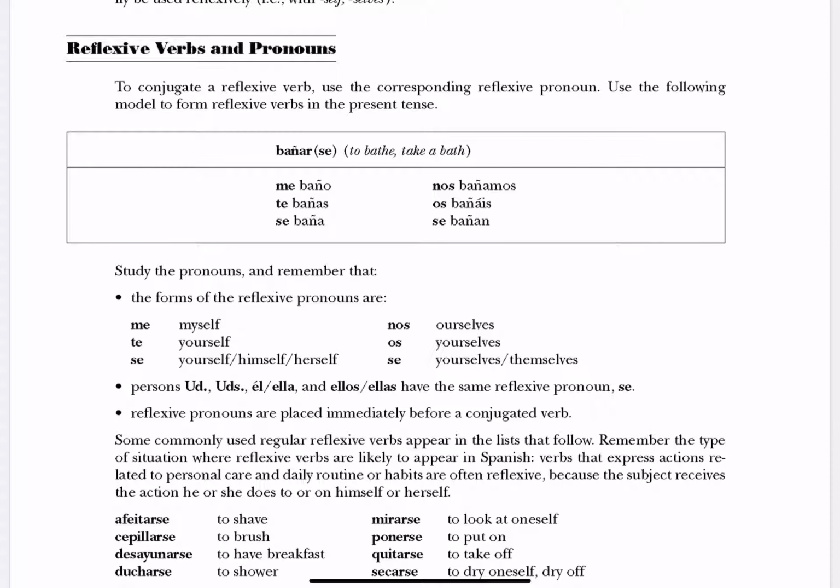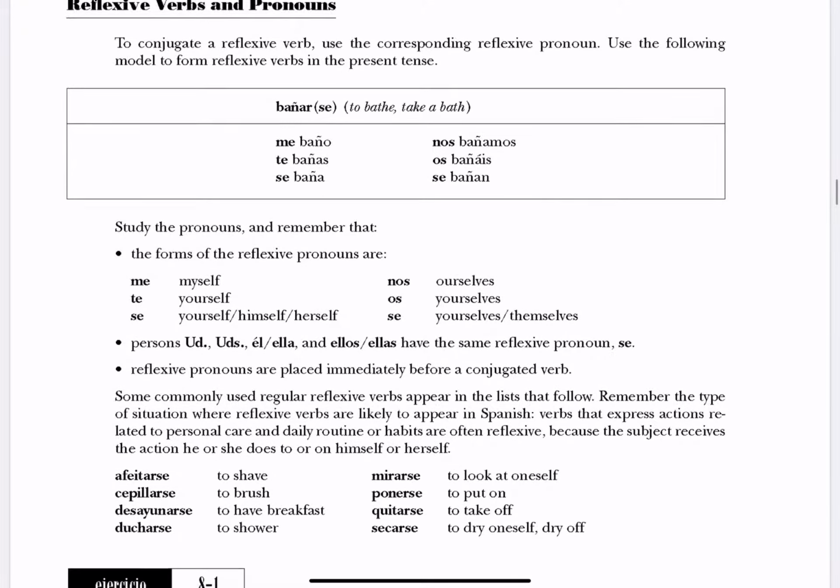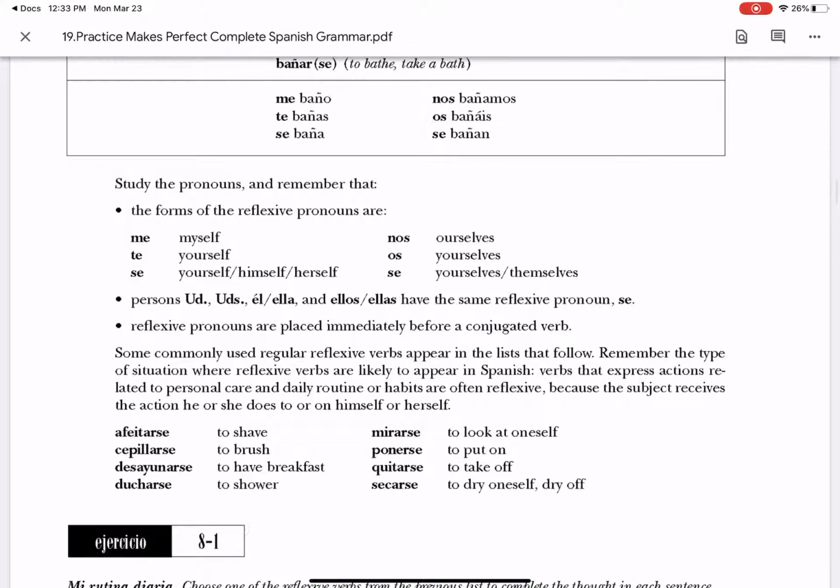To conjugate a reflexive verb, use the corresponding reflexive pronoun. Use the following model to form reflexive verbs in the present tense. So we have bañar, and then we have se at the end, which means it's reflexive. So bañarse, which means to take a bath or to bathe. For yo or I, you say "me baño."